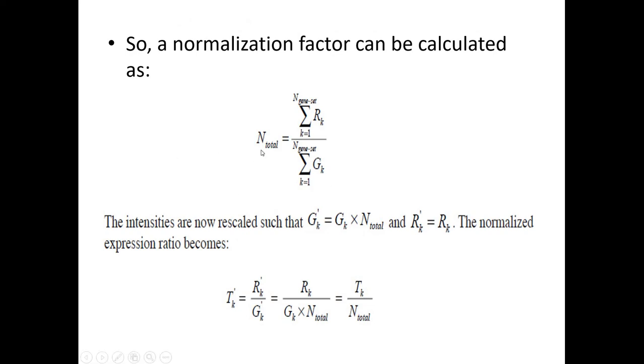How is it calculated? It is shown here. The total is the total number of genes, and there are two different gene sets.